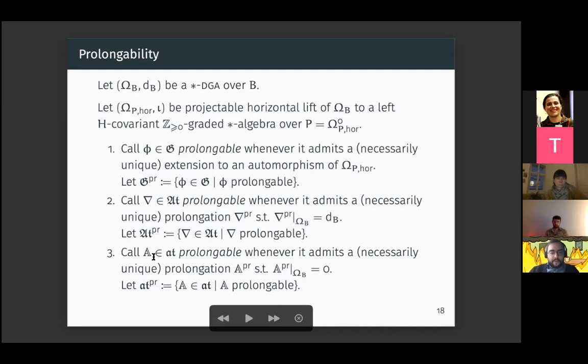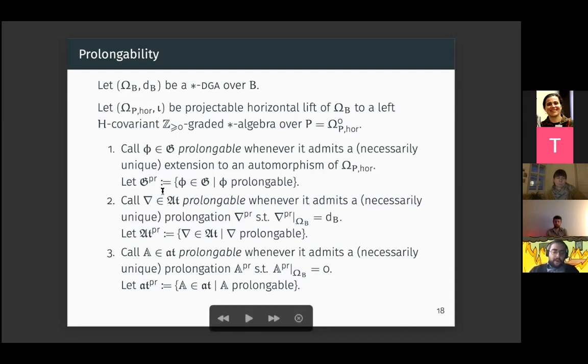So when are the different ingredients we've been concerned with compatible with this prolongation? Let's say that a gauge transformation phi is prolongable whenever it admits a necessarily unique extension to an automorphism of this algebra of horizontal forms, and let this be the subset of all prolongable gauge transformations.